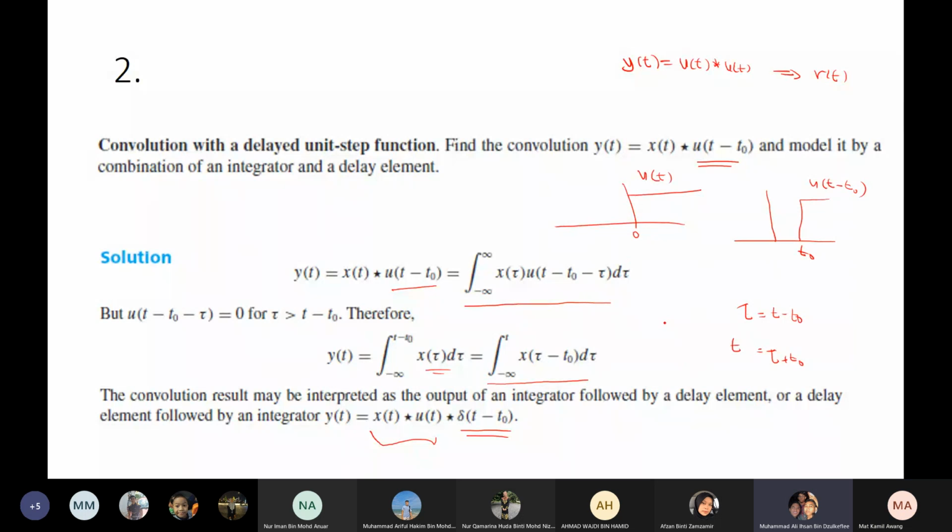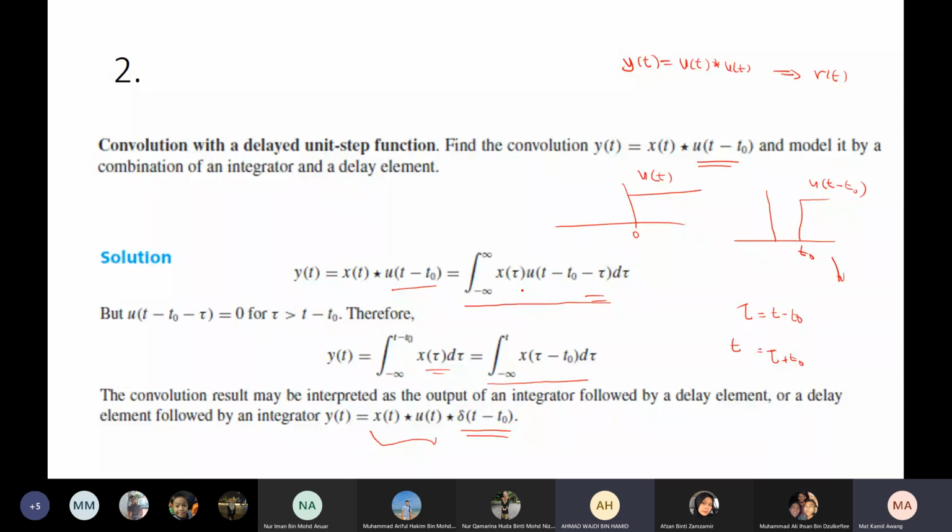How do you set up this? Student: Not sure, sir. Just substitute in the t, sir. Substitute t equal to tau plus t naught into the t minus t naught minus tau, so it becomes zero.